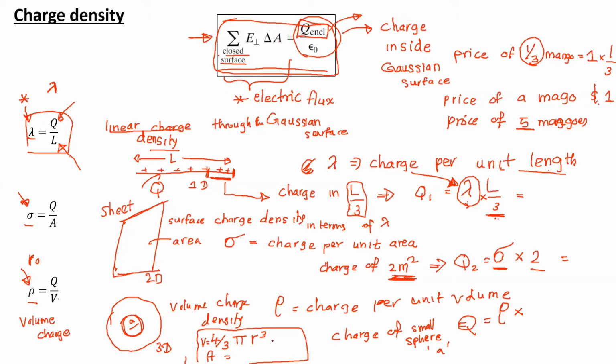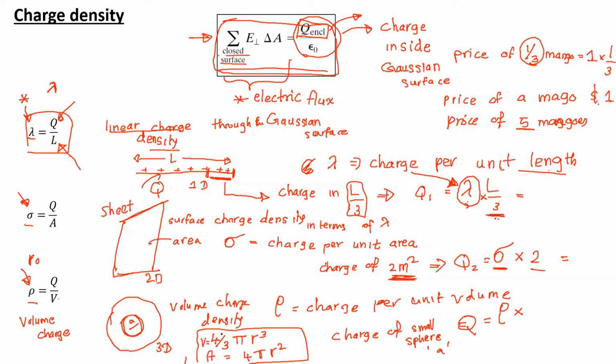So the correct answer is yes, 4 pi r square. So these are spheres, not circles, okay? So for spheres, you always have this 4, okay? In volume, you need to have power of 3, right? Because the unit should be cubic meters.